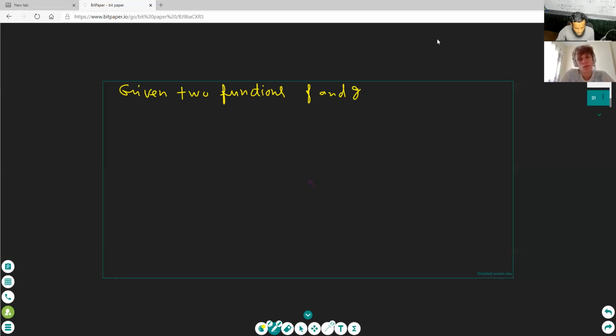Given two functions f and g, six new functions can be defined.